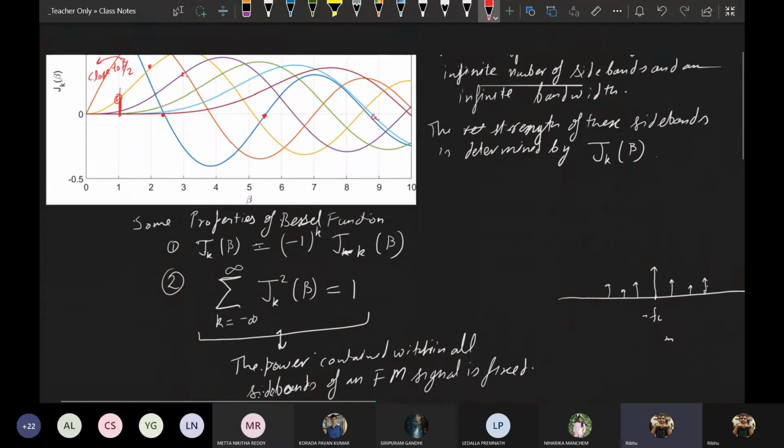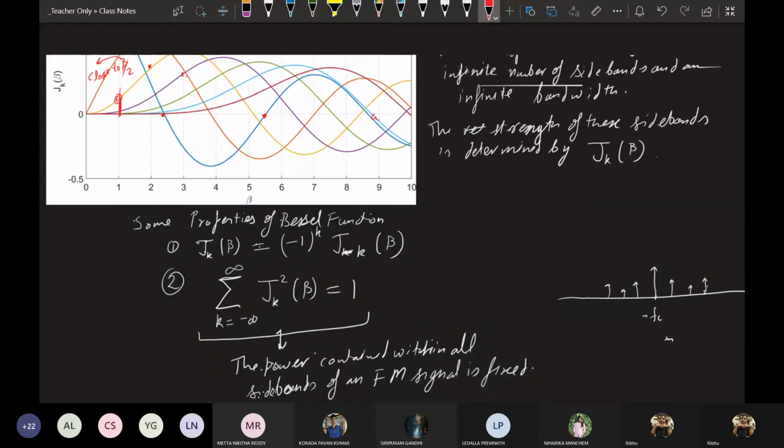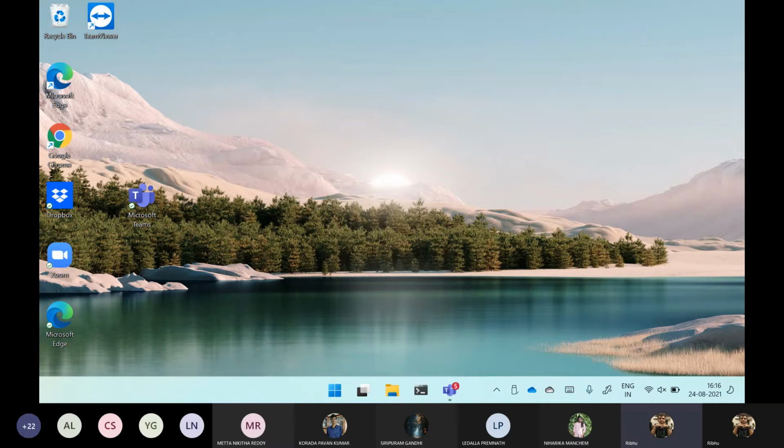So these points, say this is, oh sorry, this is close to 2.25 approximately by the looks of it. Yeah, 2.4, 2.3, 2.4. So this is the first null.